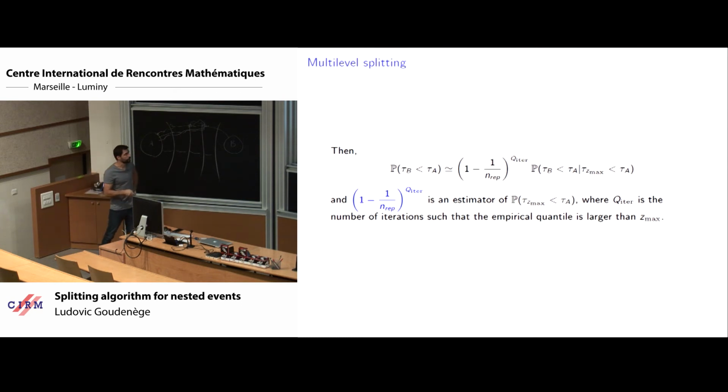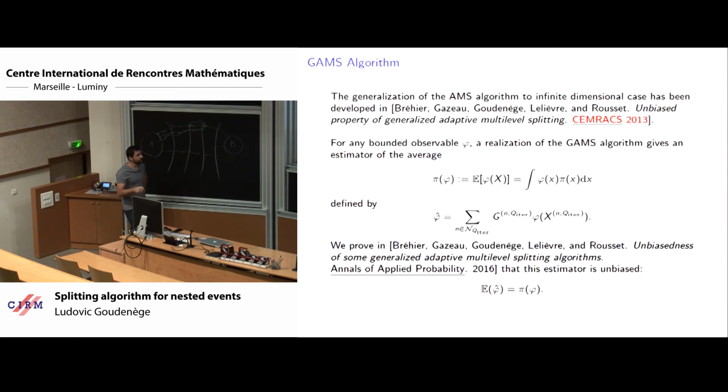Maybe it's not good. In fact, this estimator has a good property that we studied in the CEMRACS 4 years ago, and we proved, with the two students of the project, Charles-Edouard and Maxime, that this estimator is unbiased.